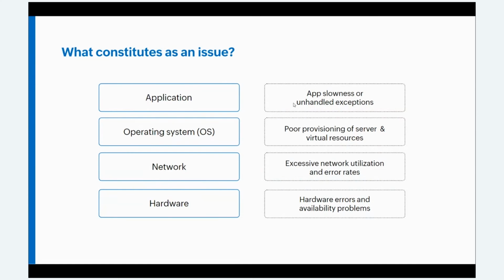At the OS level, it is crucial to ensure that proper provisioning of server and virtual resources is there to avoid over or underutilization, because this might lead to faults or memory leaks or various other issues that might impact performance of applications.